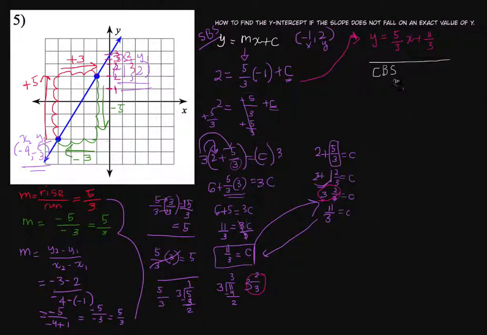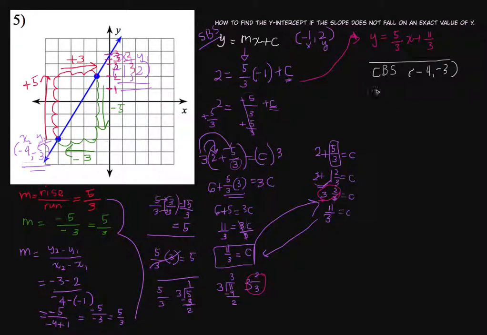Okay? So, since we used -1 and 2 to calculate for the constant, let's check by using the other set of coordinates, okay? Let's check by substitution using -4, -3, okay? Always, please, always start by writing the formula.